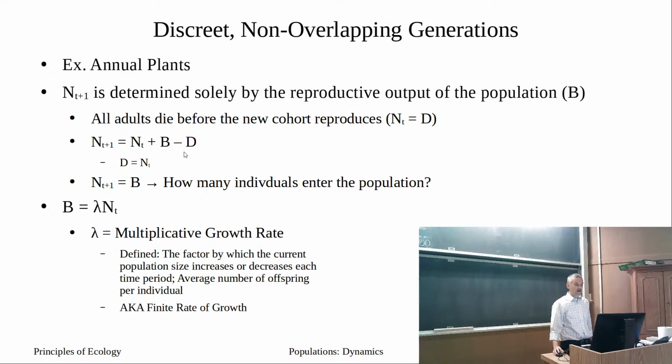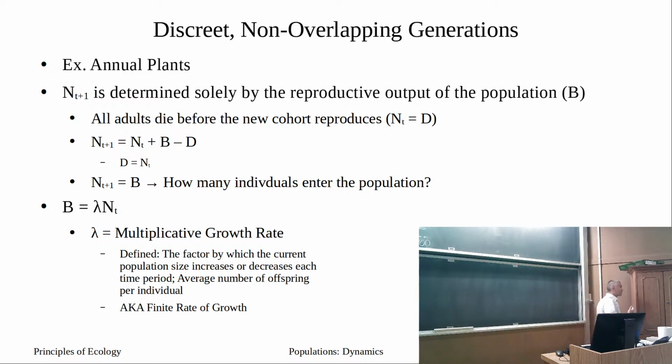Well, we just said the number of individuals that die is equal to our current population size, which means our next population size is the number of individuals that enter our population, that is, the number born into our population. But then the question is, how do we calculate that number?